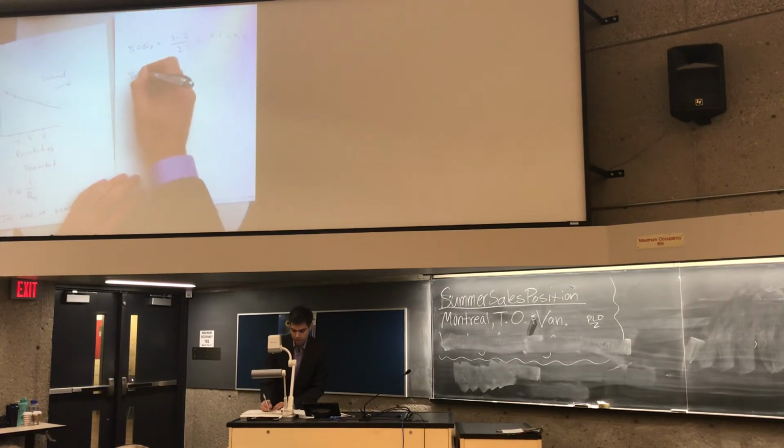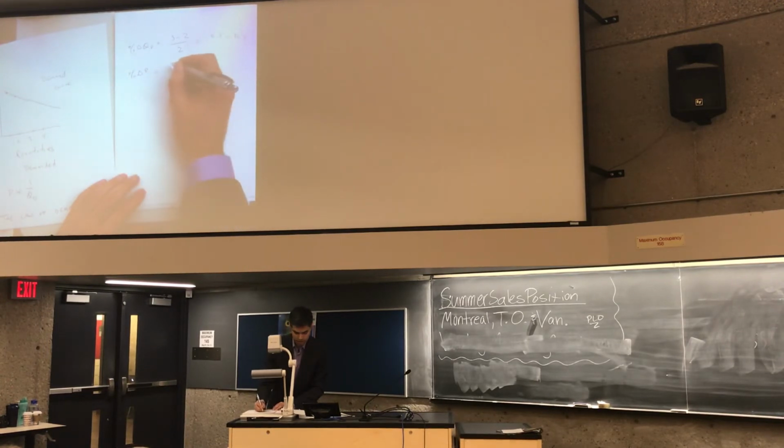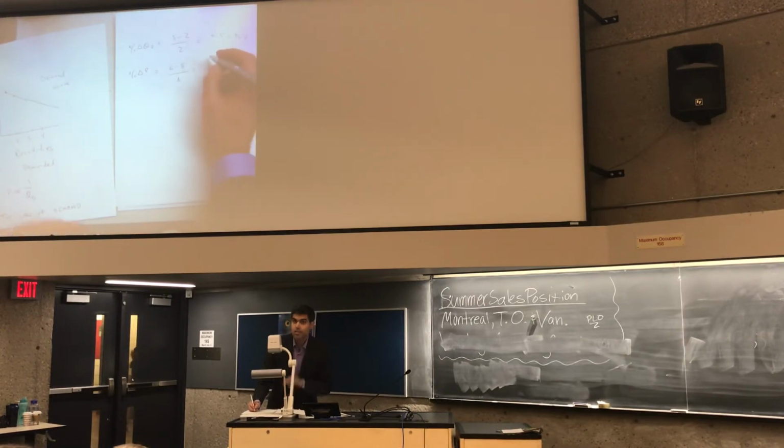And the percent change in price is 6 minus 8 over 8. This is going to be minus 2 over 8, which is minus 25%.